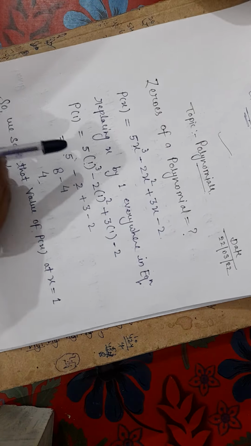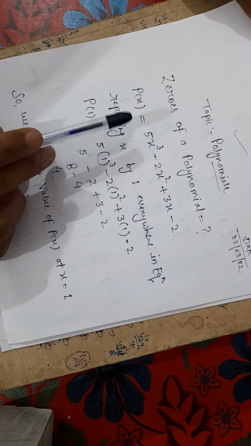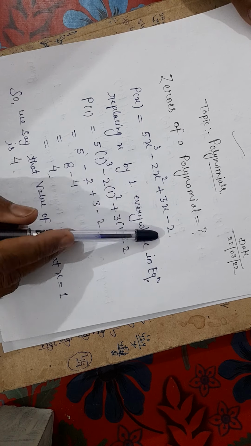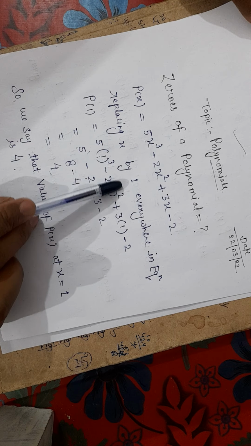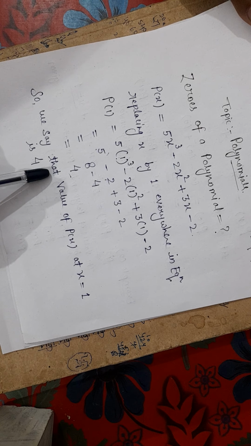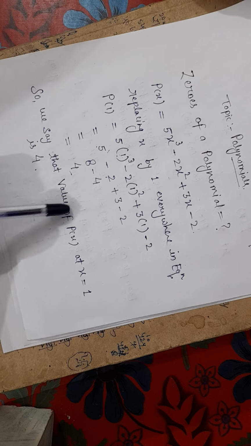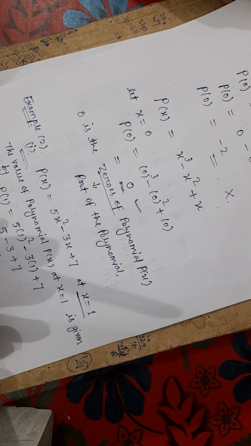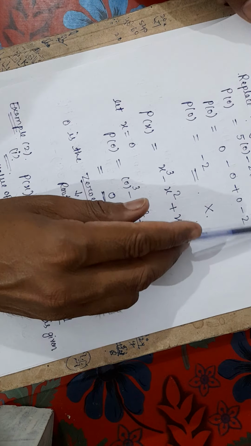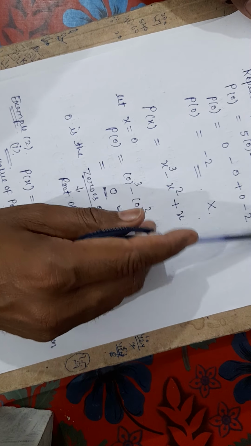So look here, we are on the zeros of the polynomial. How will we find the zero of the polynomial? p(x) is this one. Replacing x by 1 everywhere in the equation, after solving this we get 4. So the value of p(x) at x equal to 1 is 4. Then again we take the same polynomial equation and replace x equal to 0.